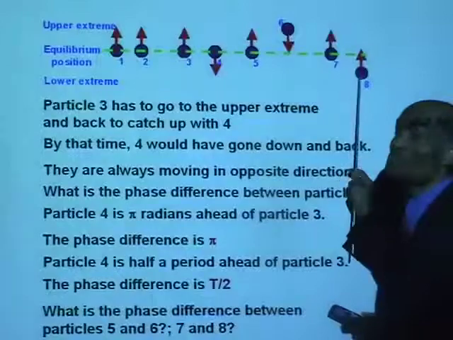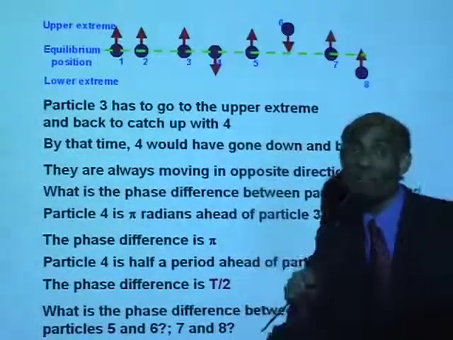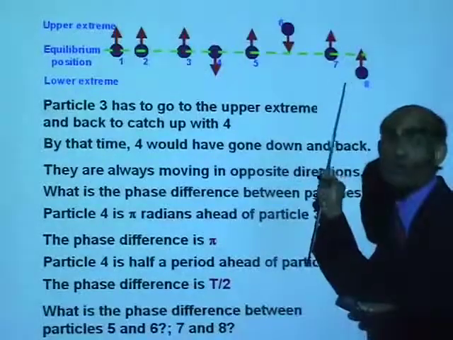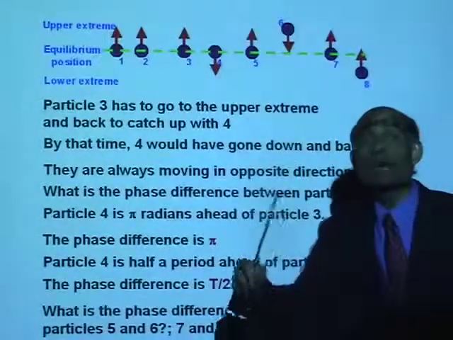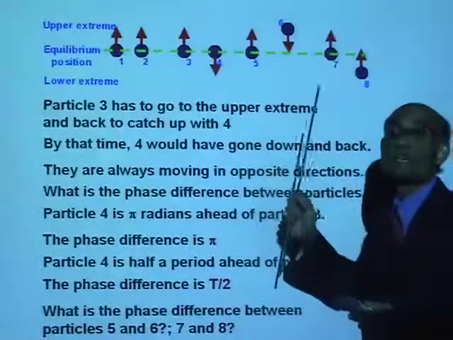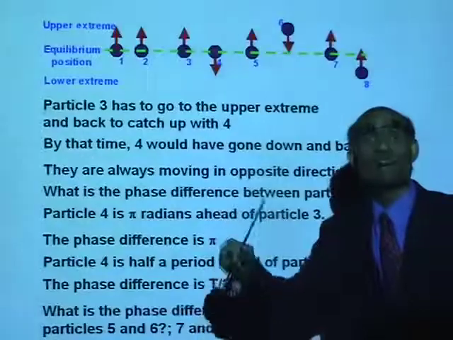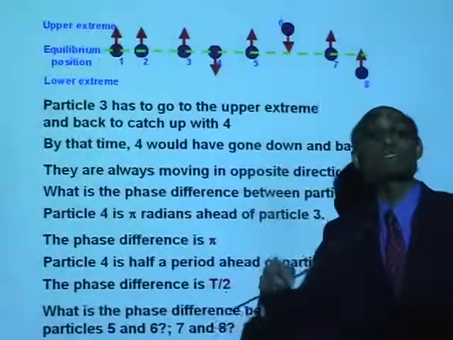That means its phase is 3T by 4. Is that right? 3T by 4, which is the same as 3 pi by 2. The phase difference between the two is a phase angle of 3 pi by 2. In terms of the period, it will be 3T by 4.